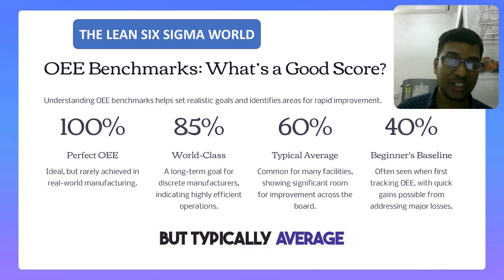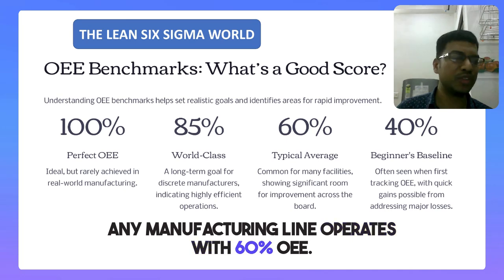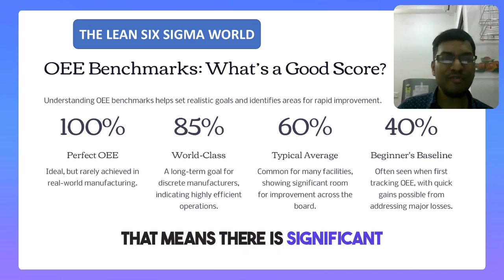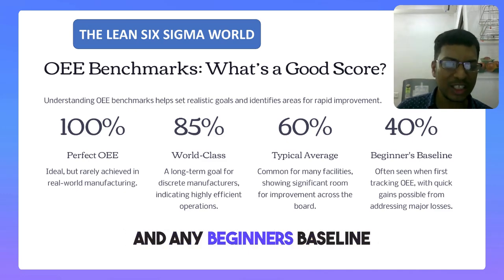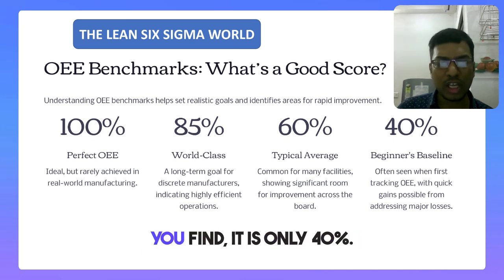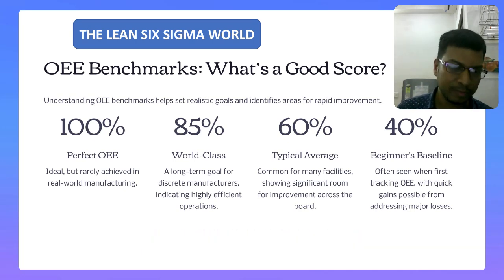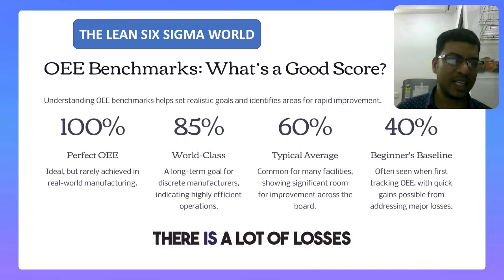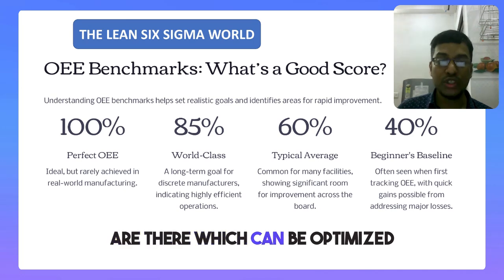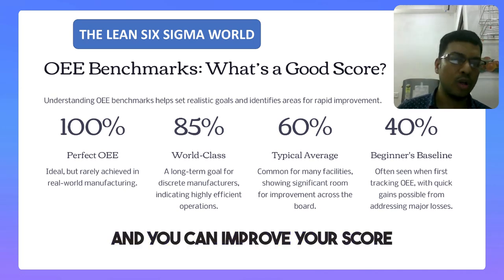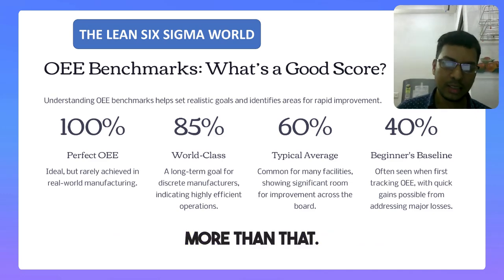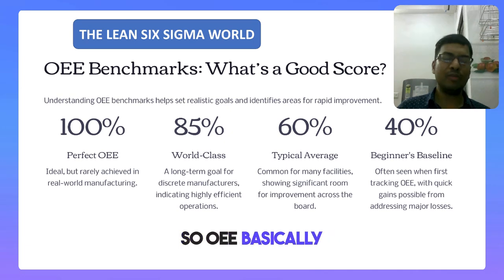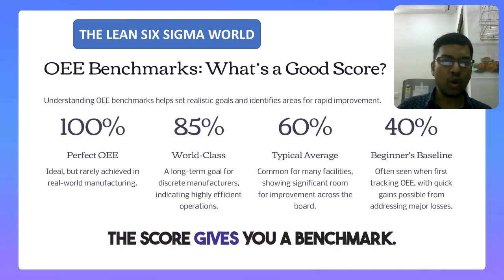But typically the average manufacturing operation runs at 60% OEE. That means there is significant improvement potential for that manufacturing line. And for a beginner's baseline, you may find the OEE score is only 40%. So it shows that there are a lot of losses that we can minimize. There are a lot of losses which can be optimized, and you can improve your score from 40 to 60 to 85 or more. So the OEE score gives you a benchmark.